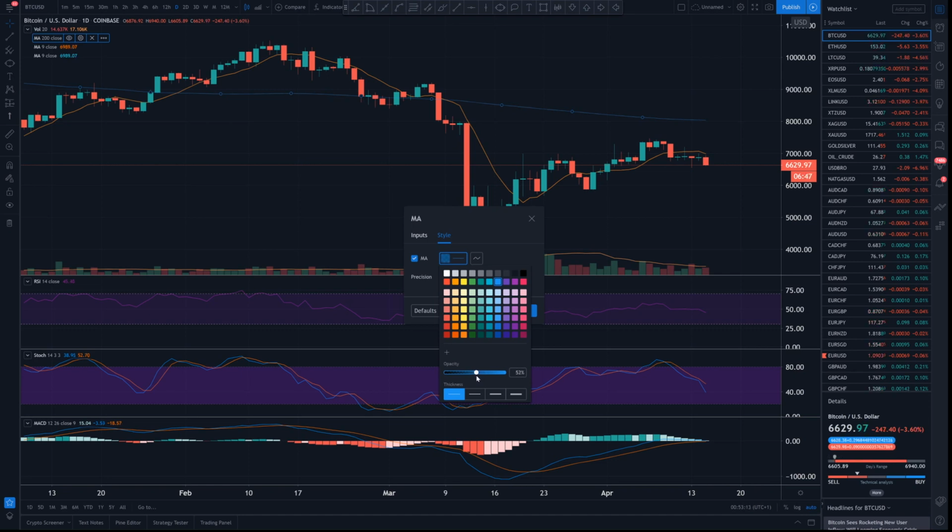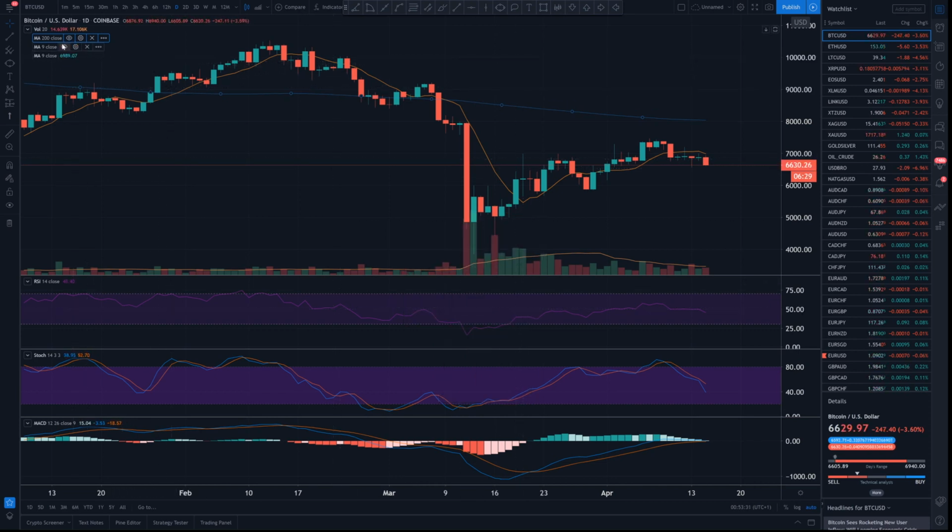I like to leave my moving averages at 50 opacity. That way they're not super contrasting on the chart and they're not popping out and distracting me. And yet I can see them when I need to find them. And then I leave my thickness, usually my preference is at the lowest. So I have my 200 moving average.